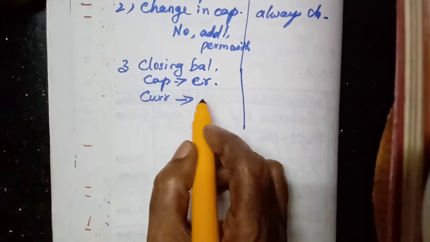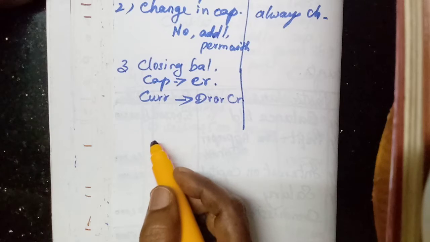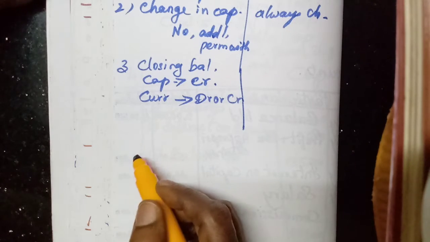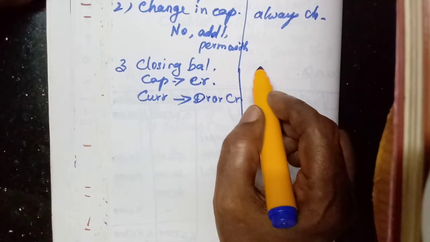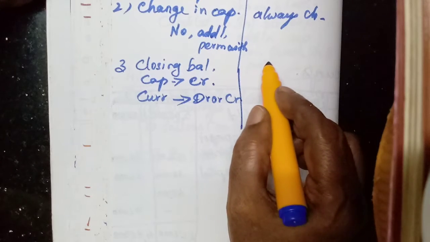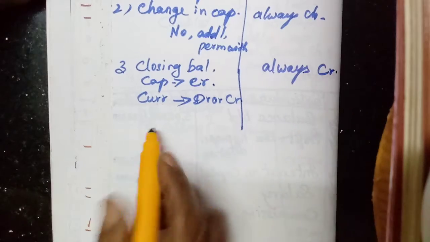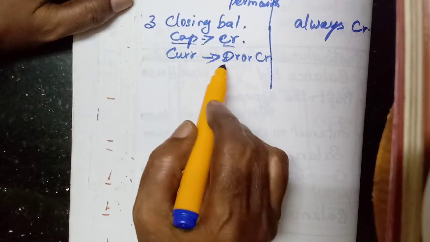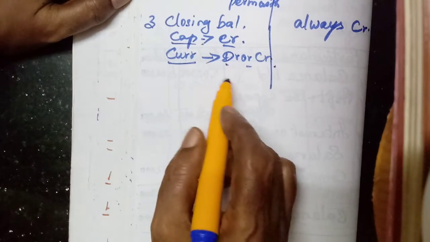Under the current account, either it will be a debit or a credit balance. Both, either credit or debit balances will be there. But in the fluctuating capital method, the capital balance will always be a credit balance. Okay, it shows always credit balance. In the fixed capital method, the capital balance will always be credit, but the current account balance, either it will be a debit balance or a credit balance.